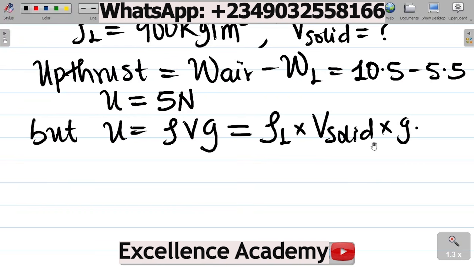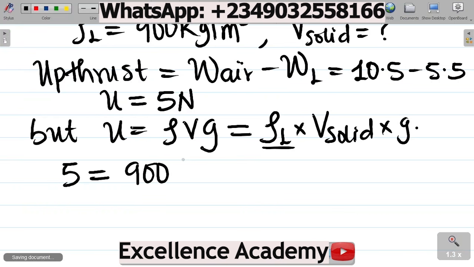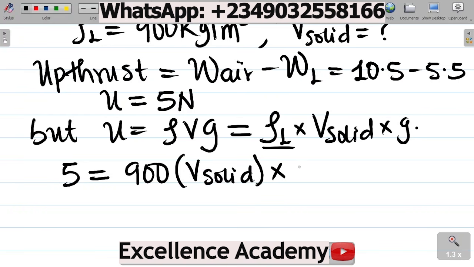I've made a video which explains how we derive this formula. Anyways, the upthrust is 5. So 5 is equal to density of the liquid, that's 900, times volume of solid, times gravity. Gravity is 9.8.